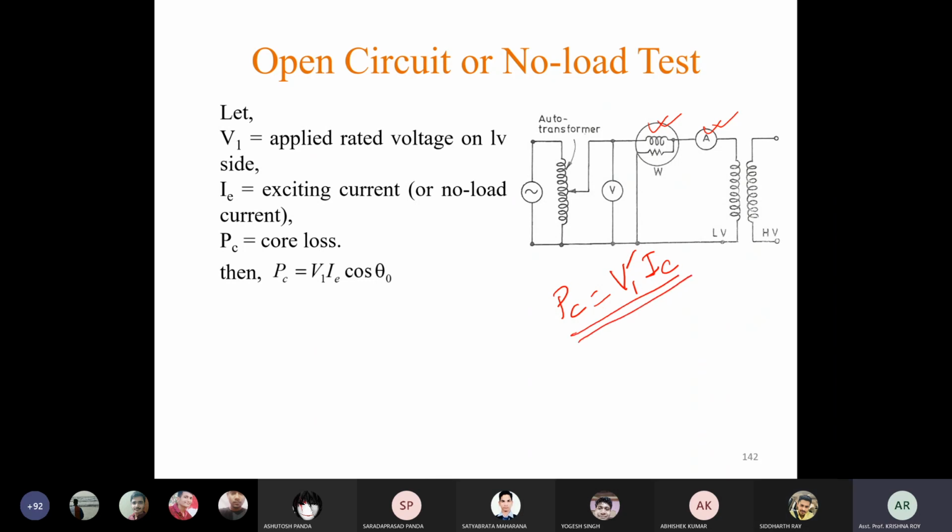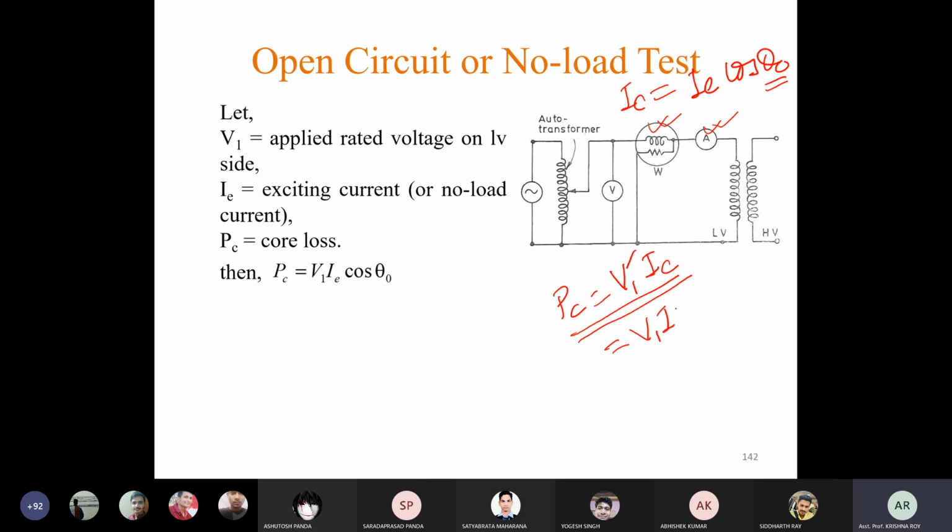Now V1 dash here is considered as V1, and IC, recall that IC is equal to IE cos theta 0, where theta 0 is the no load power factor angle.